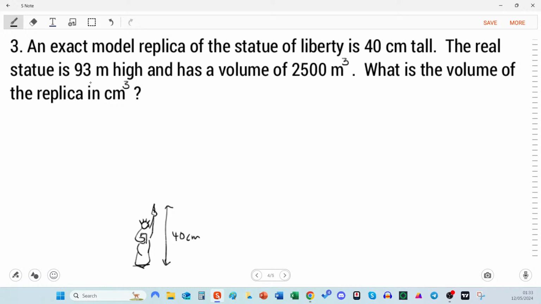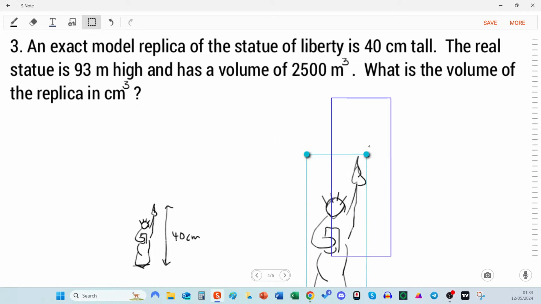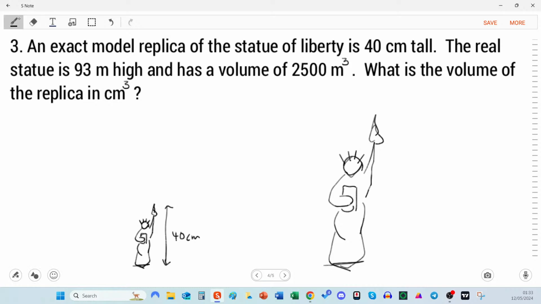The real statue is 93 meters high. I'm actually not going to draw that again. Let's see if I can scale it up. Okay. Huh. Okay, there's gaps, but it'll do. So it's useful now. What we found is that we have a connection between the two.